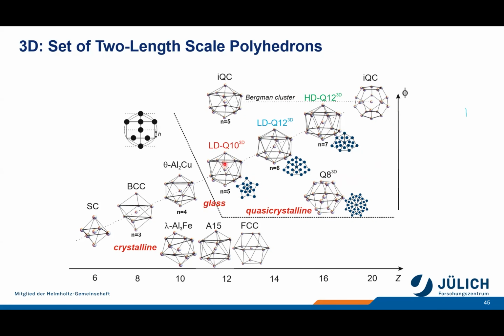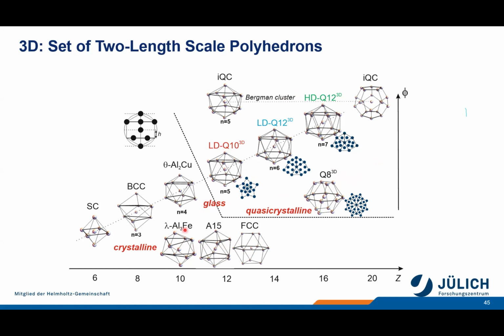If you deform this icosahedron, then you get a distorted icosahedron, which is the Frank-Kasper phase. So this is not a perfect icosahedron, but now it allows you to pack periodically. So this is a usual crystal, and also the efficiency would be similar.